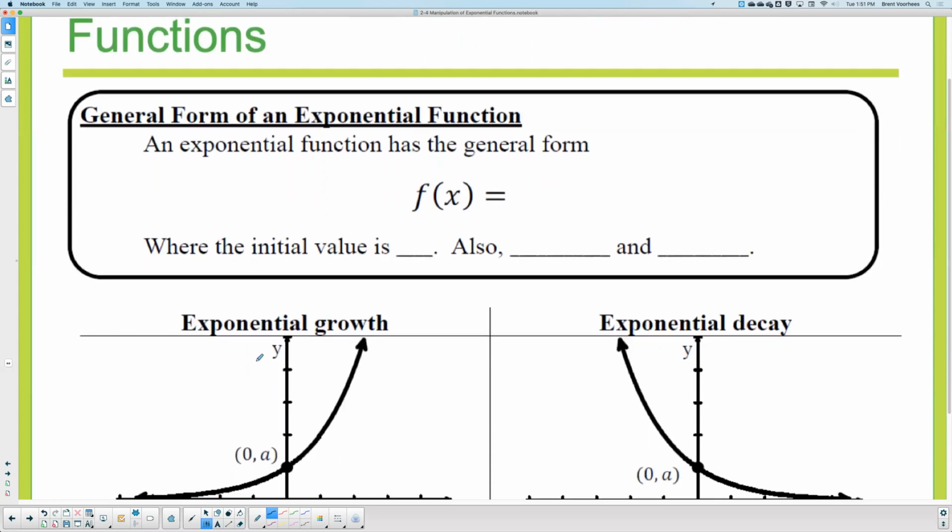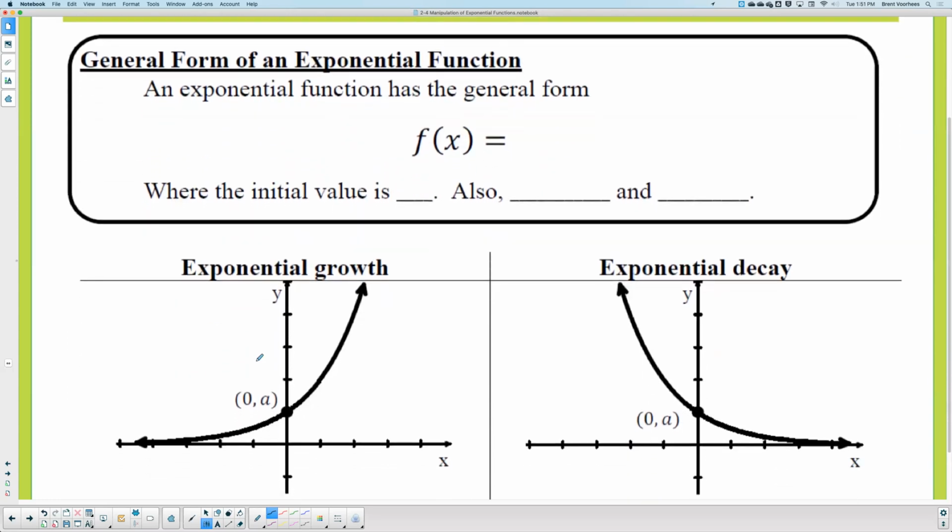An exponential function has the general form, start there, and I want you to put in a times b to the power of x, where b is your base. In this situation, the initial value is a. Whatever value is right there, that's your initial value.